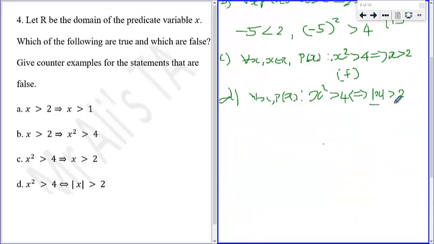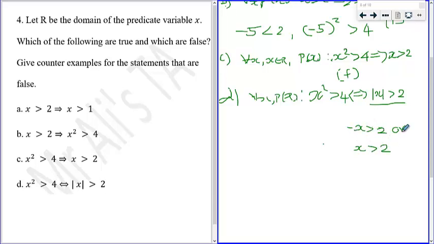We can interpret this as negative x is greater than 2, or x is greater than 2.